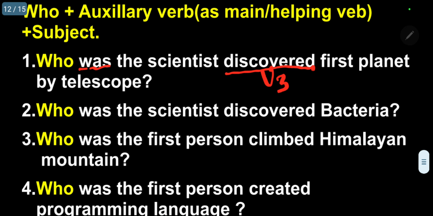Who was the scientist discovered bacteria? Was is the helping verb. Who was the first person climbed Himalayan mountain? Was is the helping verb, climbed is the main verb. Who was the first person created programming language?